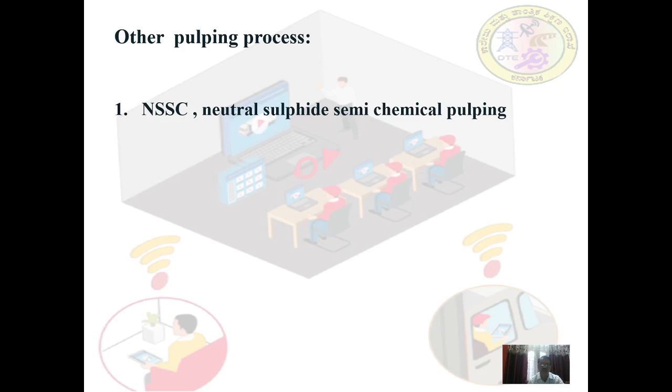The other pulping method is secondary fiber pulping. Nowadays, waste papers are used for repulping. In the repulping process, batch processes are used.